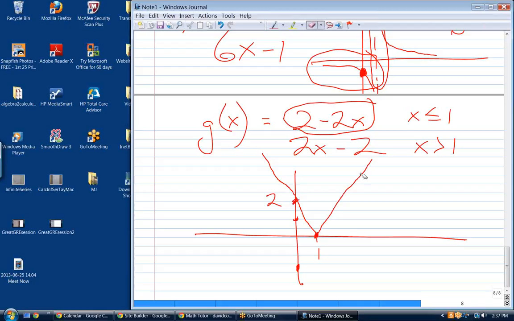In other words, if this looked slightly different, say it looked like this, now there's a discontinuity at 1. But since they both are equal to the same thing at 1, I don't have to lift up my pencil to draw this.